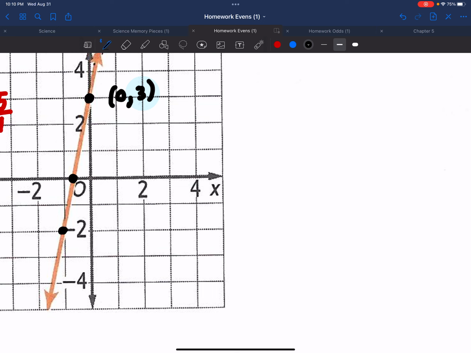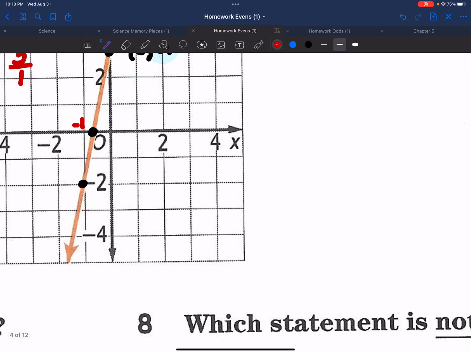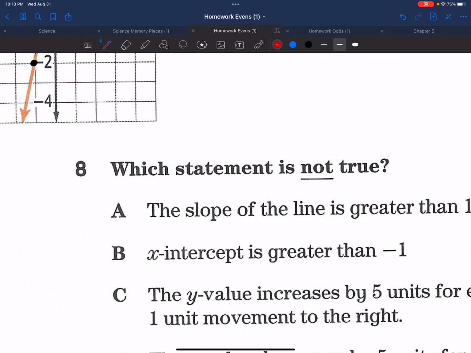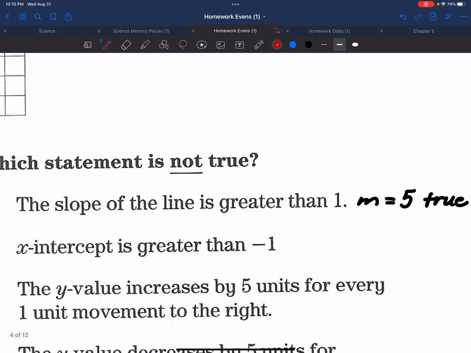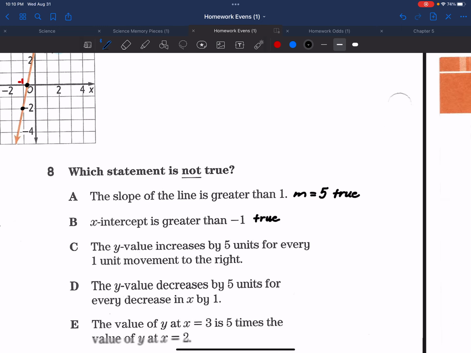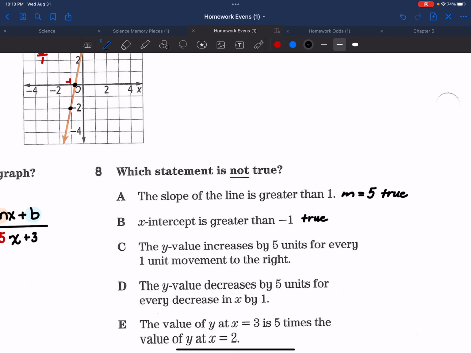Now, negative 1 is right here. So the dot is to the right of -1. The x-intercept is greater than -1. That is a true statement. It's to the right of -1. The y value increases 5 units for every 1 unit to the right.